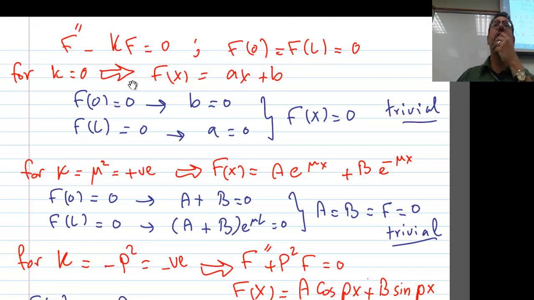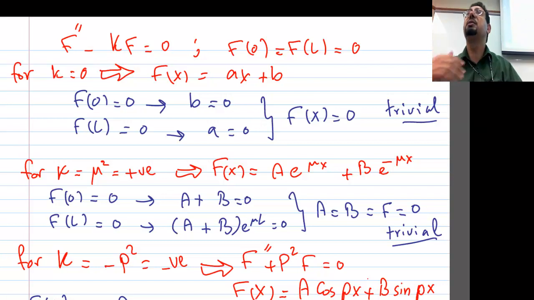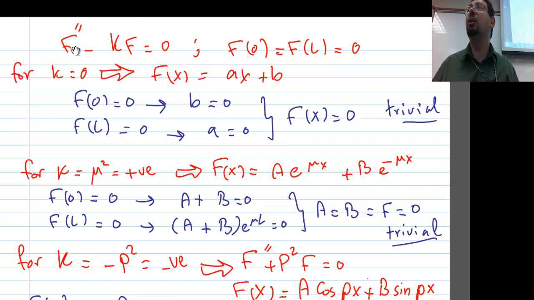So here is the solution. Here is the ordinary differential equation we are solving. We can solve this by hand. By the way, in chapter 21 we will also see numerical solutions for ordinary differential equations. Some ordinary differential equations you cannot solve by hand because they are nonlinear.